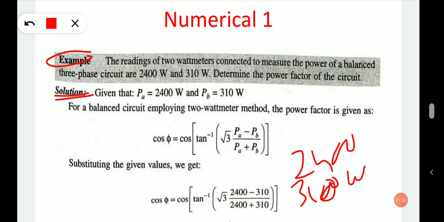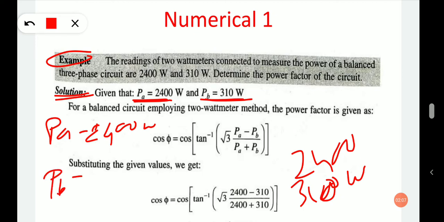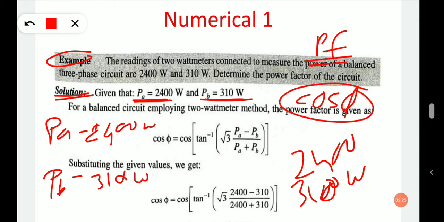So the given data is: the 2 wattmeter method is used in a balanced three-phase circuit, and the reading of the 2 wattmeters, that is the power measured for phase A is 2400 watt, and for the other phase, phase B, the power measured is 310 watt.